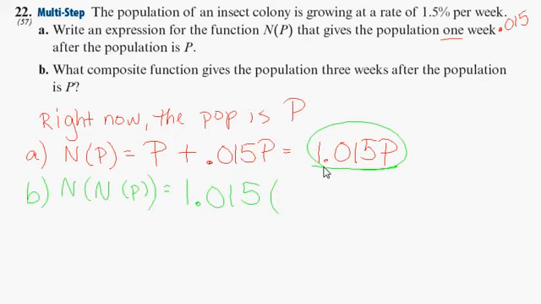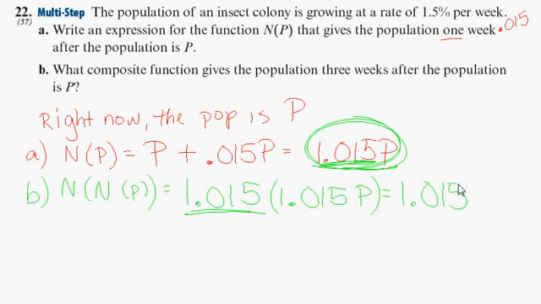So that's where this number right here is, and then this whole thing is getting plugged into the p spot right here. So we have 1.015p. Now what that really means is that we have 1.015 squared p, and that was for the 2nd week.